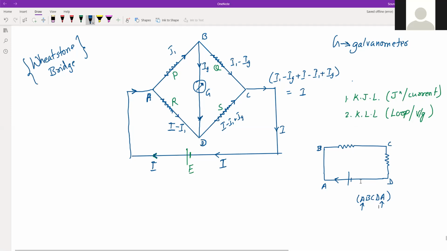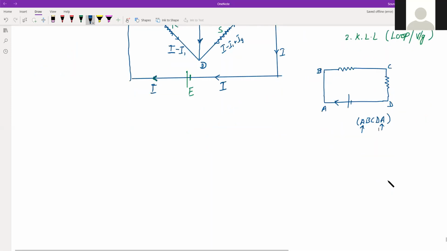That is a loop. Now in this loop, what we actually want to achieve is, suppose you start from a point and you move in the direction of current and you come back to the original point. This is the loop, right? This is actually the direction of current. Here, this is a sign convention, and it can be anything. You can even change this sign convention, but when you change one part of the sign convention, you have to change the entire sign convention.